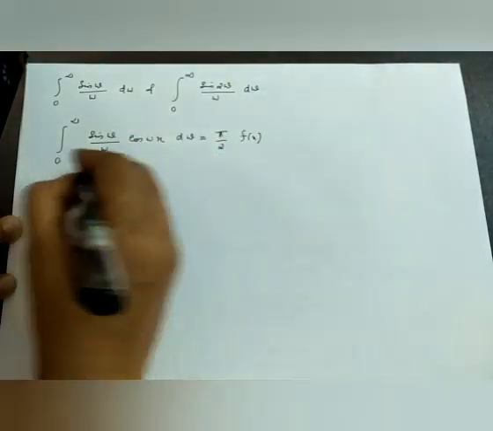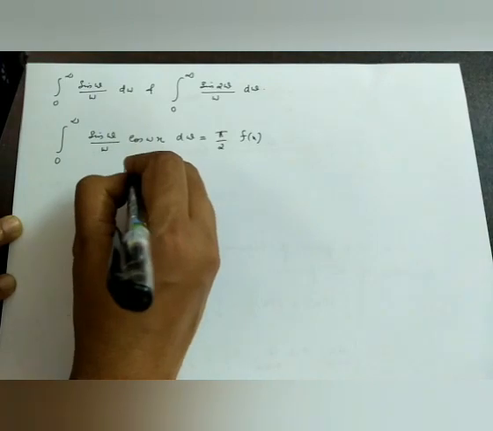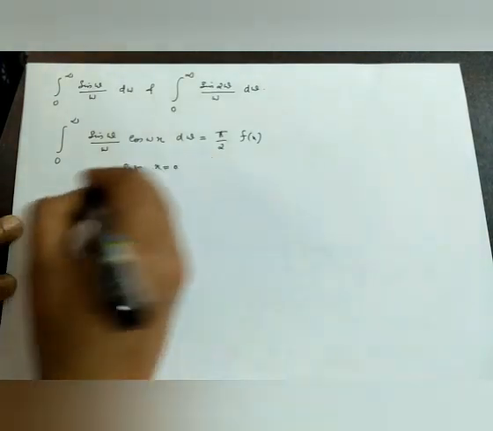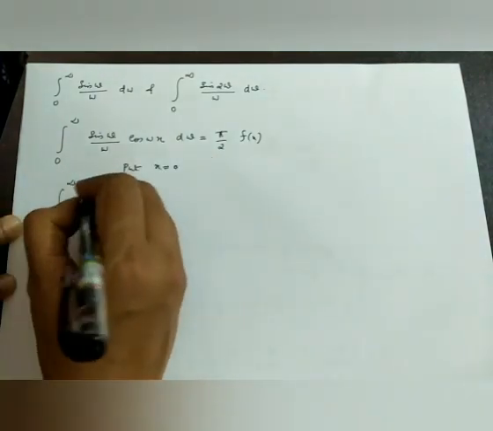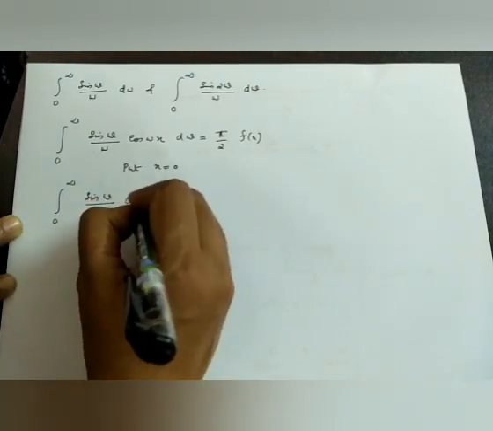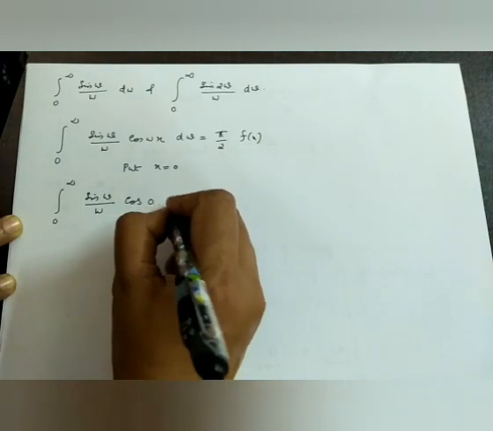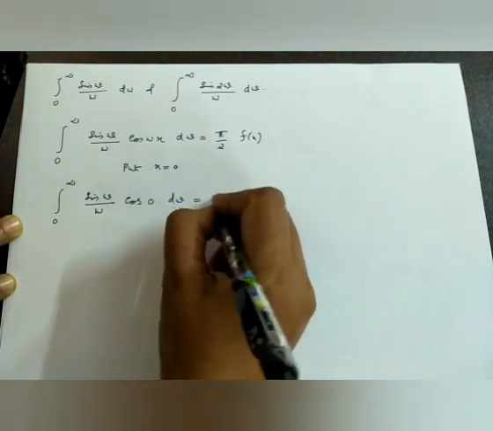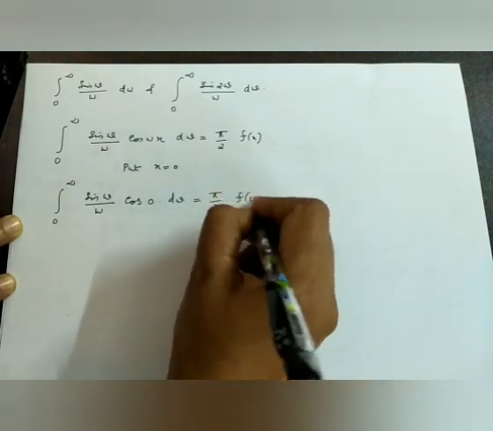In this, that is in the final integral, put x is equal to 0. Then we will get the integral from 0 to infinity of sin omega by omega into cos 0 into d omega, which is equal to pi by 2 into f of 0.